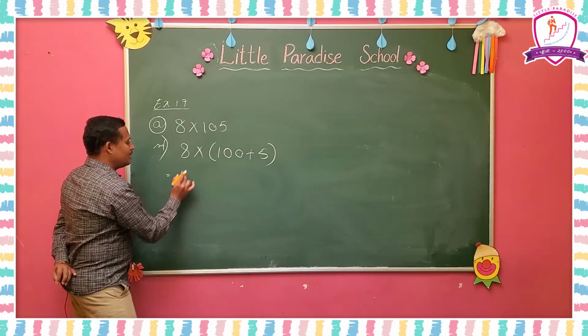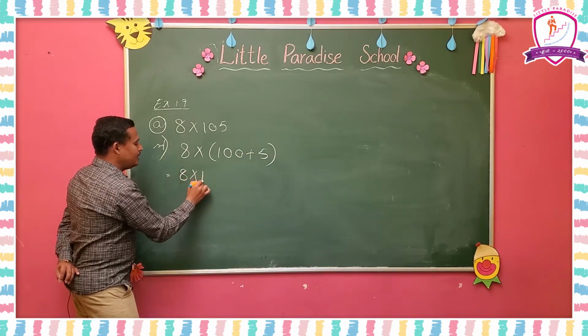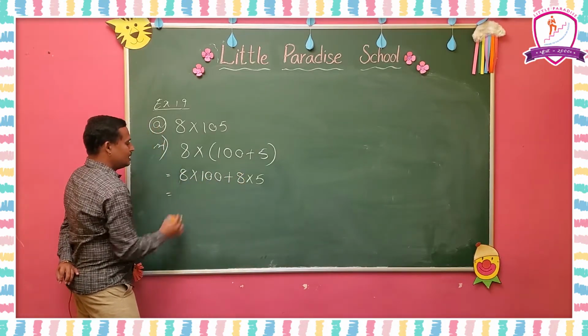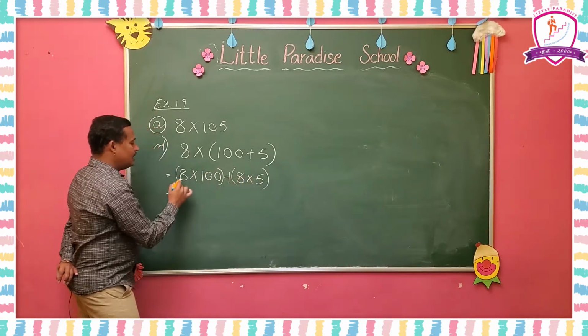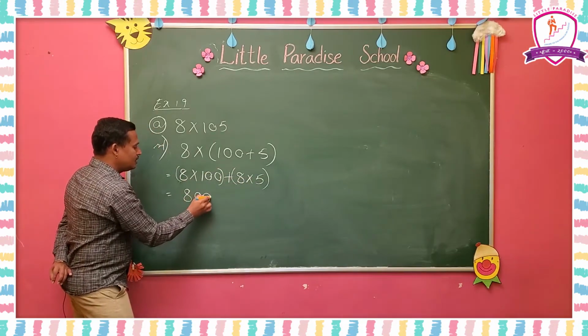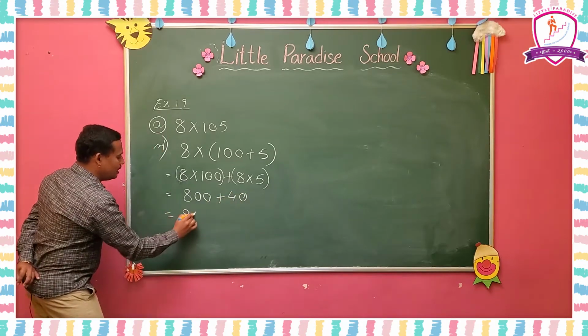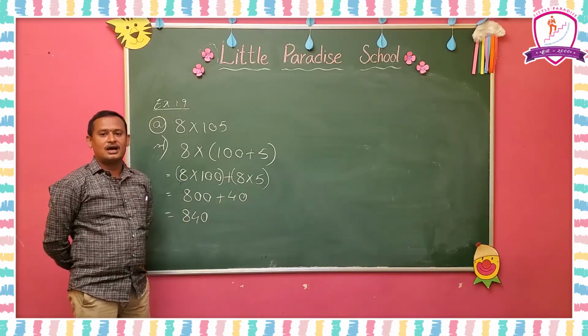So you have to write 8 into 100 plus 8 into 5. 8 into 100 is 800 plus 8 into 5 is 40. It's equal to 840. Like this you have to do.